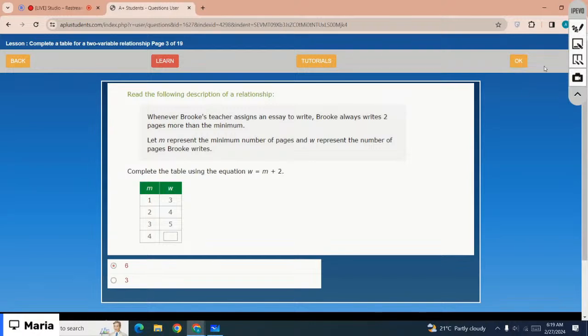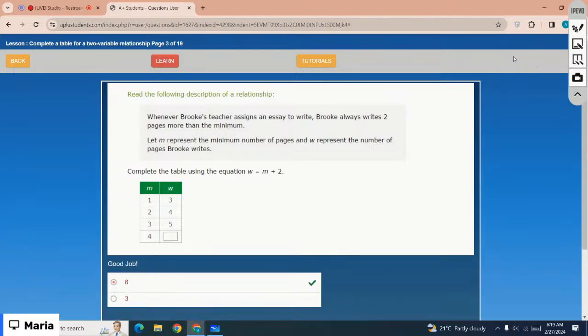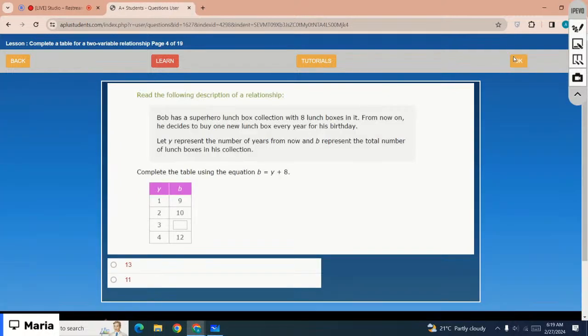Option number 1 is the correct option. Complete the table using the equation B equals Y plus 8.